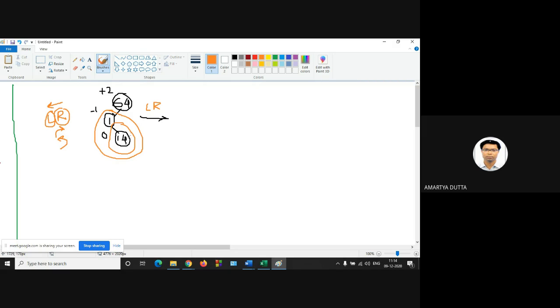So which one is the root? 14 is the root, and this is 64, and this is 1. Is it clear, everyone? Now you have to check the balance: 0, 0, and 0.